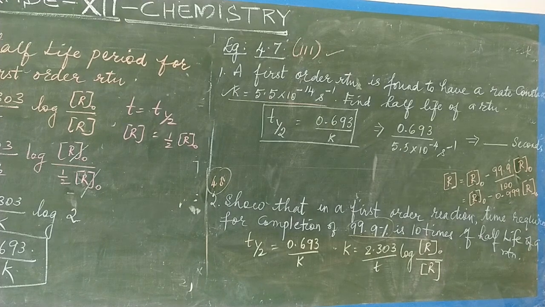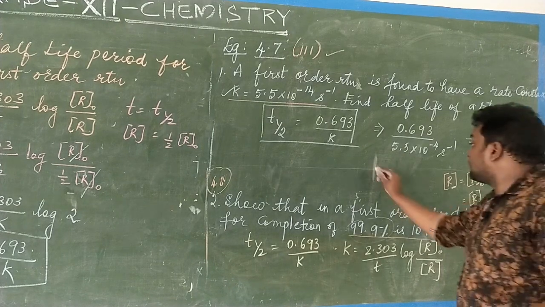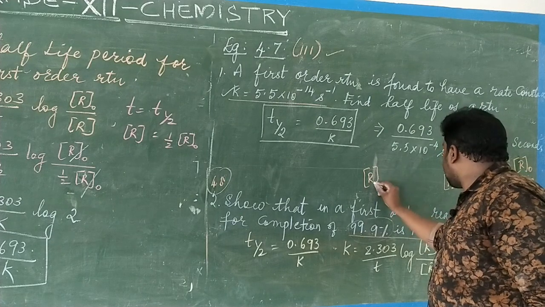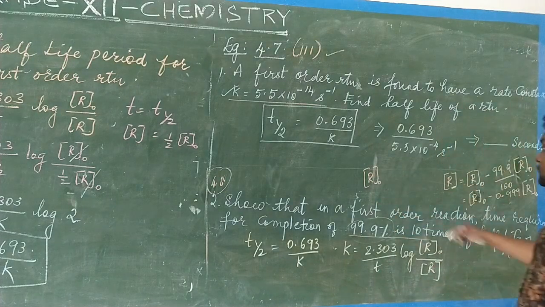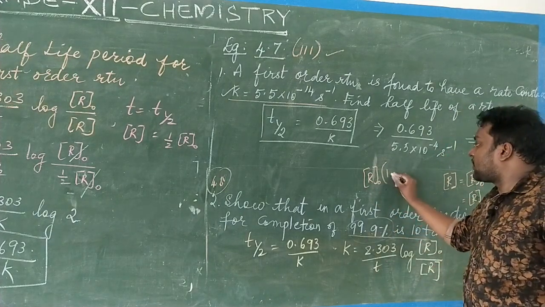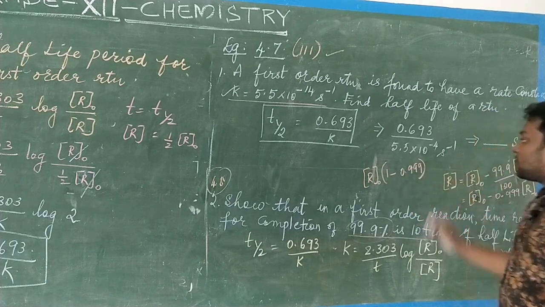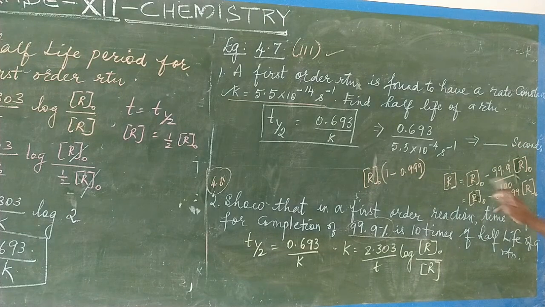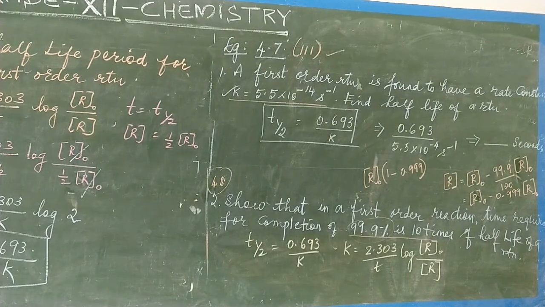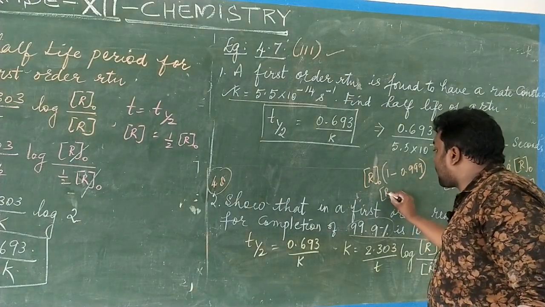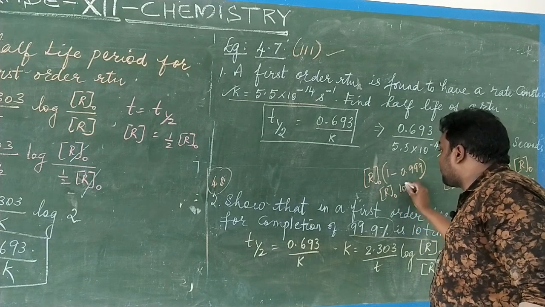Now I am taking R naught alone out as common. R naught alone I have taken out. So therefore concentration of R naught into 1 minus 0.999. 1 minus 0.999 becomes what? Concentration of R naught into 10 to the power of minus 3.